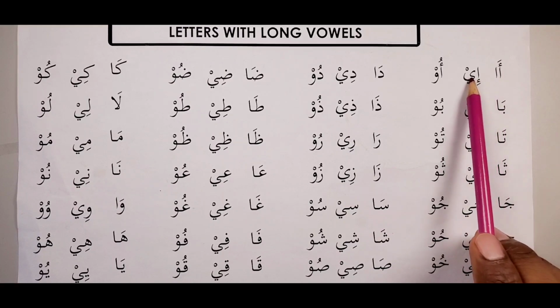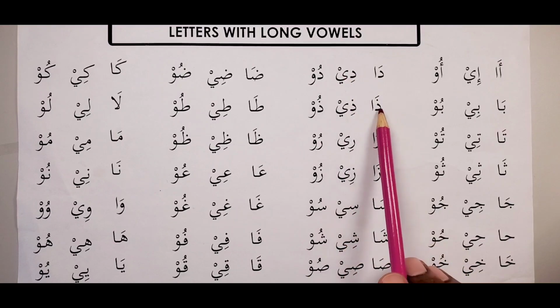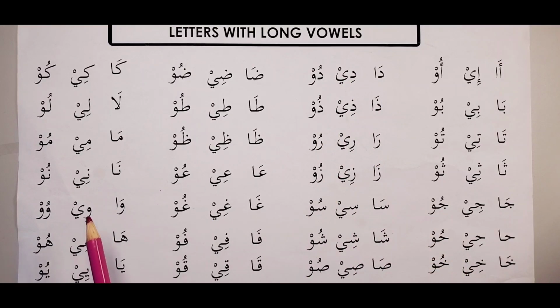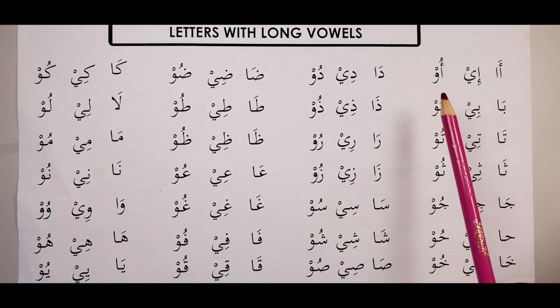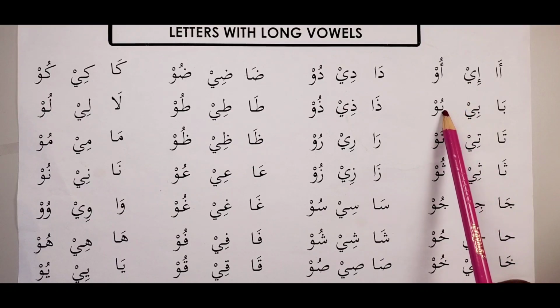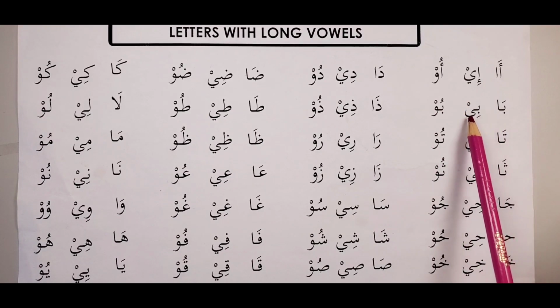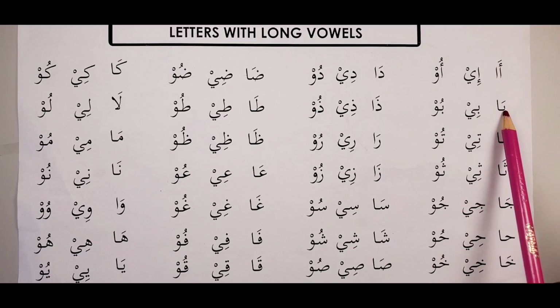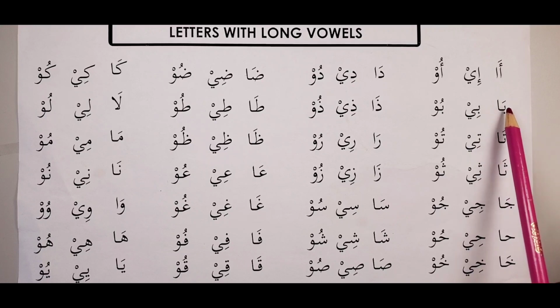You cannot join alif and ya, alif and waw, dal and alif, dal and ya, and so on and so forth, using the non-connectors. But if a non-connector comes after a connector, you can join it. Look, ba is a connector, it joins with waw. Ba is a connector, you can join it with ya. Ba is a connector, you can join it with alif, but not the other way around.